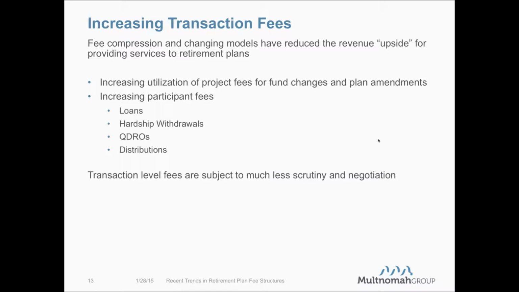The notion of getting retained as a service provider at 0.20% back in 2009, and that plan assets may triple, and I'm still getting my 0.20%, I think that the actuaries who have looked at cost structure changes over time have determined that that unlimited upside is much more limited than it had been.